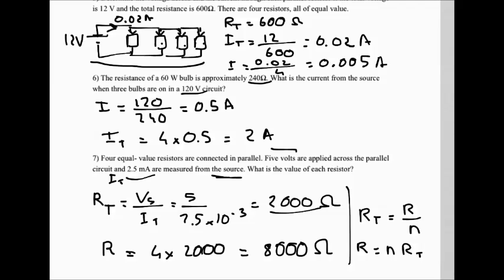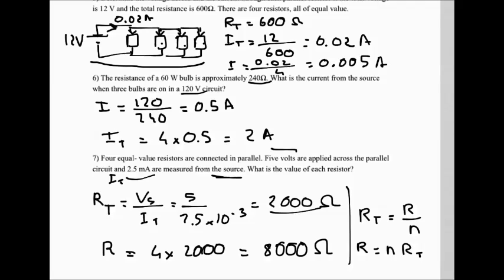Okay? But if you remember, just to help you find out in which direction: in series, the total resistance is always higher than any of the resistors, so it means you add them or you multiply. In parallel, the total resistance is always smaller than the smallest resistance.